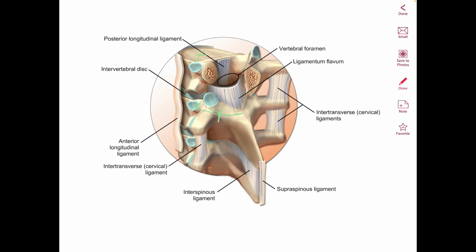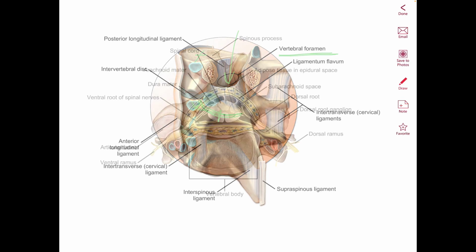So this area right here is what we call the vertebral arch. Both the vertebral body and the arch enclose an area called the vertebral foramen. This forms a vertebral canal, and the main contents of this canal are the spinal cord and its surrounding membranes, aka the meninges, and the roots of the spinal nerves.